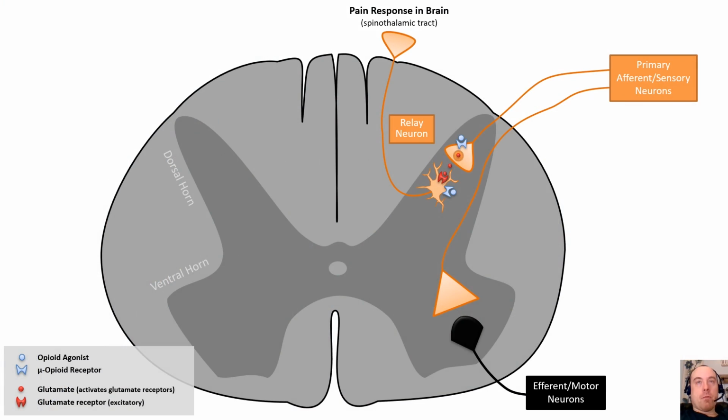So this is a diagram, of course, of the spinal cord, specifically a cross section. We have the dorsal horn and the ventral horn, and this is just kind of the introduction to what's going on with the neurons. So basically what happens is we have primary afferent, which means sensory neurons receiving a signal.